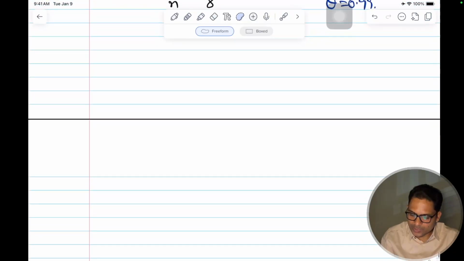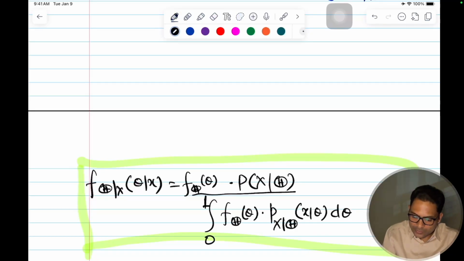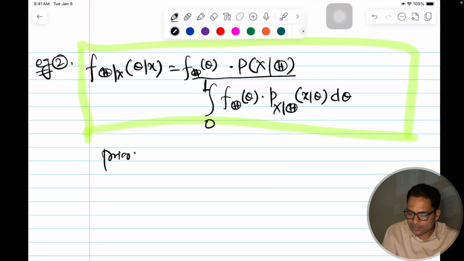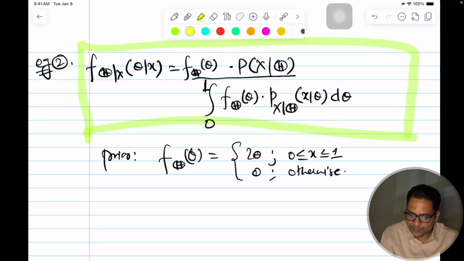Okay. Let's do example 2. Here, paste. This is for example 2. Here my prior is f of theta is equal to 2 theta for 0 less than theta less than or equal to 1, 0 otherwise. This is my prior belief. And this is Bernoulli, we know the likelihood. Let me write it down again.